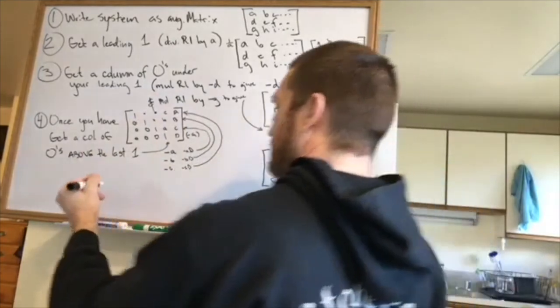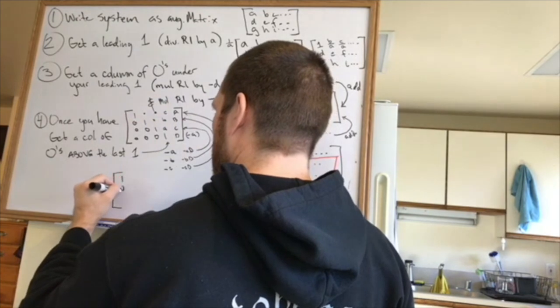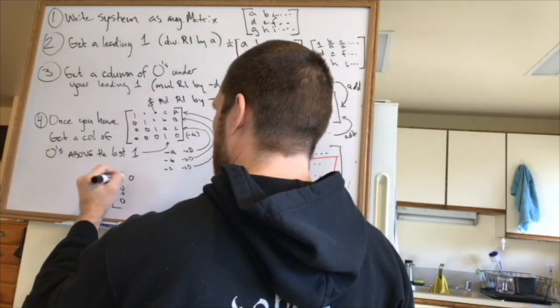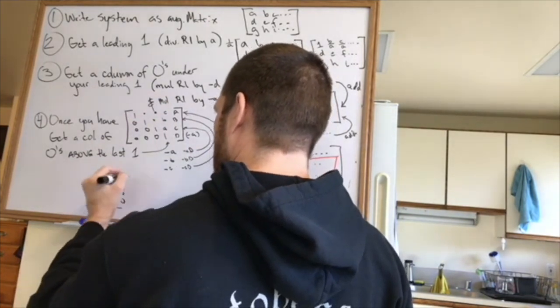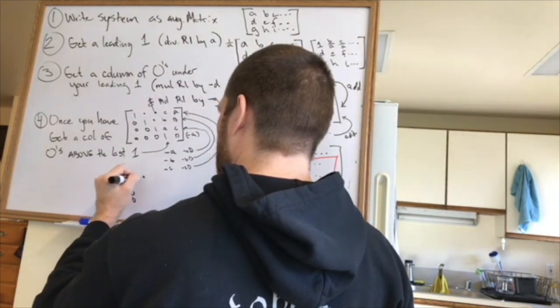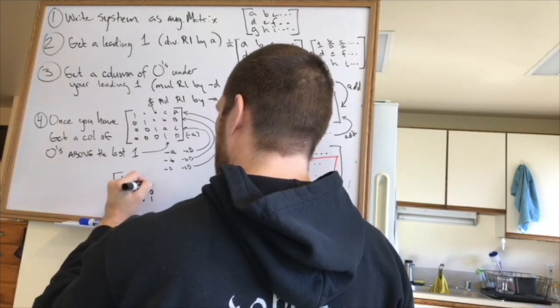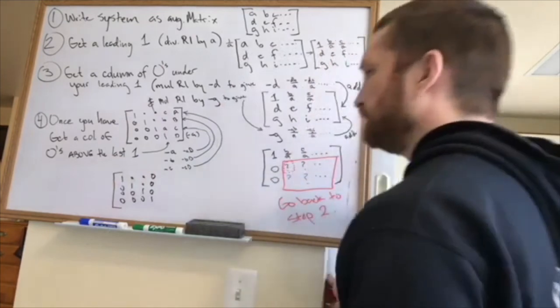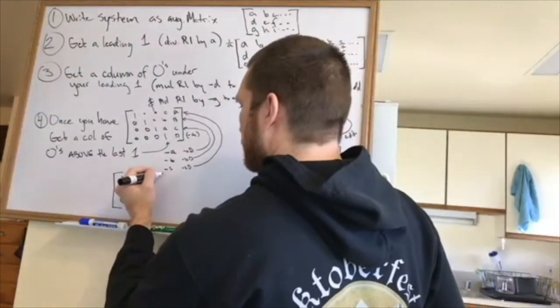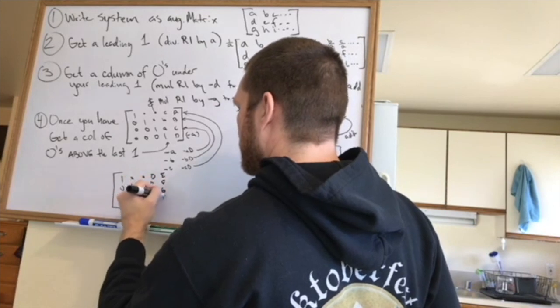This will give us something that looks like this: 1, 0, 0, 0, 0. Some number, 1, 0, 0. Some number, 1, 0. 1, 0, 0, 0. And then some numbers here.